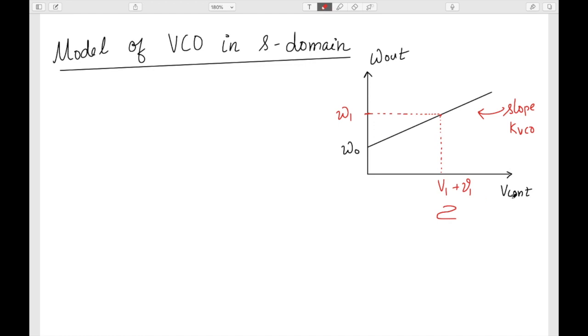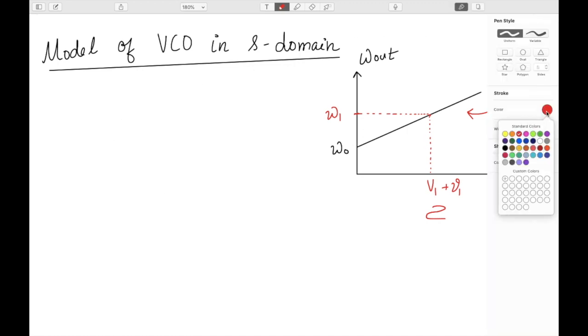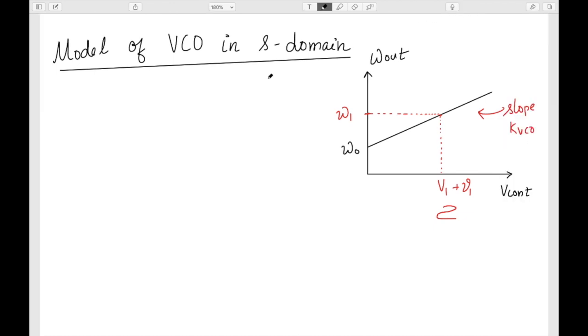And of course, if there is a change in the control voltage, there will be a change in the omega, and there will be a change in the output phase of the VCO. So the instantaneous omega that we see is basically omega is equal to d phi by dt. Because of the change in the control voltage, omega is changing, and if we know the phase, we can just differentiate it to find the change in omega.